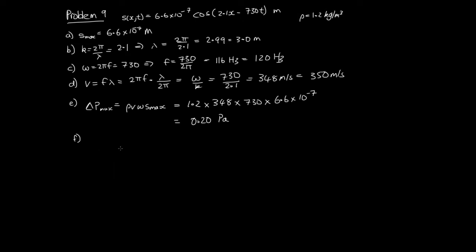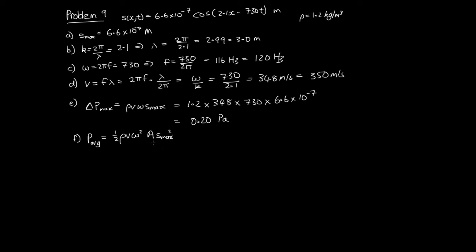Part F now asks us, if this wave simultaneously passes through all points on the sphere 1 meter from the source of the wave, what's the average power? Okay, so our formula for average power, which we're going to need to substitute in for, is 1/2 rho v omega squared A S max squared.